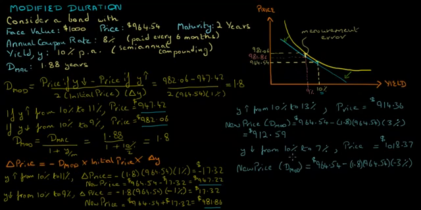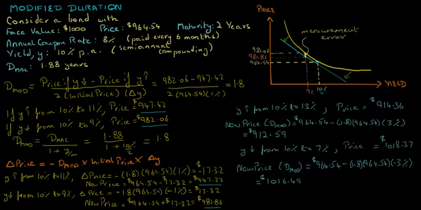Since the yield declined in this case from 10% to 7%, the change in yield is negative 3%. And this new price equals $1016.49.